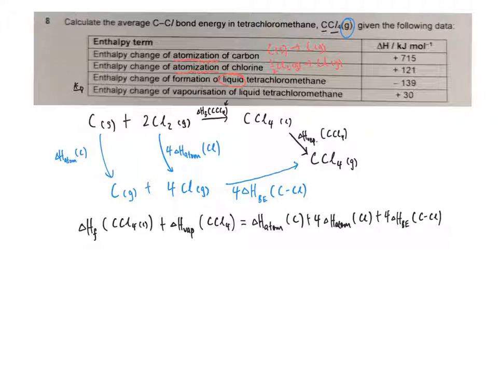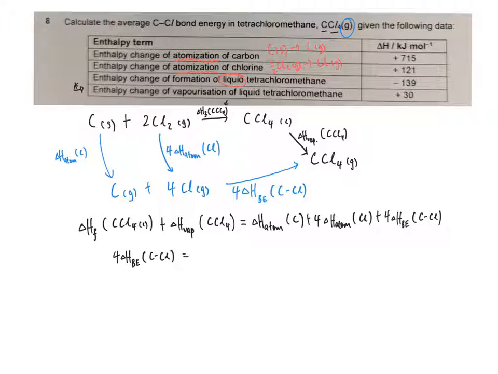Just make that the subject of the formula. You have 4 delta H bond energies of CCl. That will be equal to, so let's plug some values in.